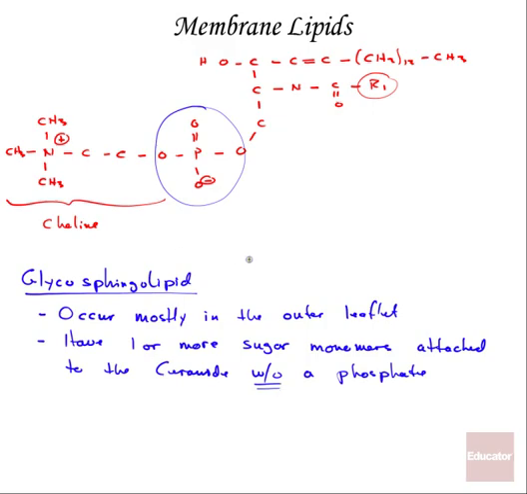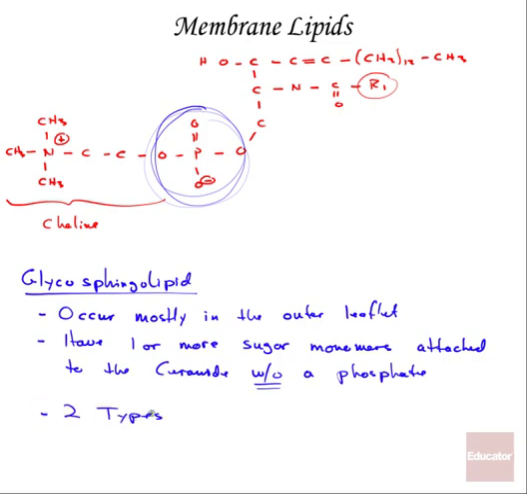In the sphingomyelins, you have this phosphate group that's going to be connected to the ceramide, and it's going to be connected to the particular alcohol or whatever it is that's attached. In the case of these glycosphingolipids, the sugar monomers are going to be directly attached without this phosphate intermediary. Okay, so we have 2 types.